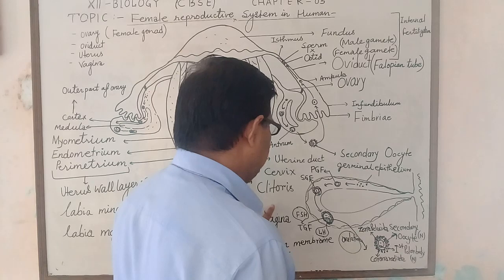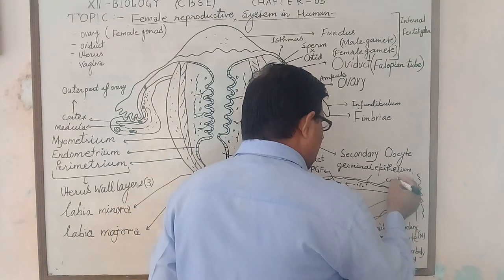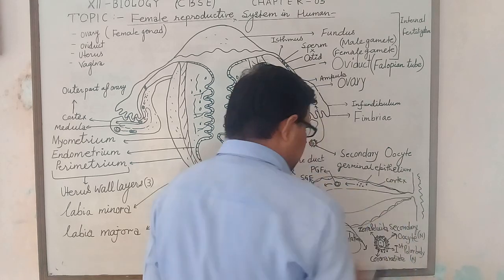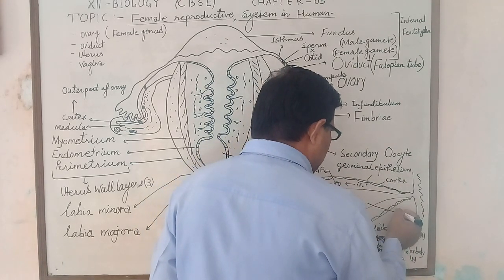The outer part of the ovary is called the cortex, and the inner part is the medulla.